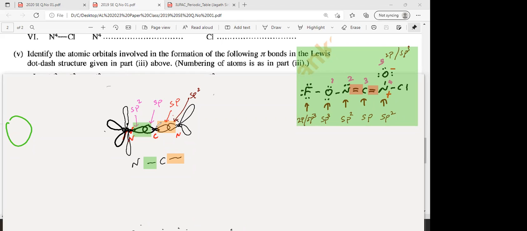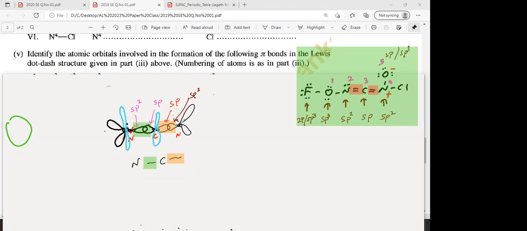So that is lateral overlapping. This 2p unhybridized orbital, I'll use a different color, blue. Okay, so there will be a 2p unhybridized orbital like this here. This sp also has an unhybridized orbital like this.